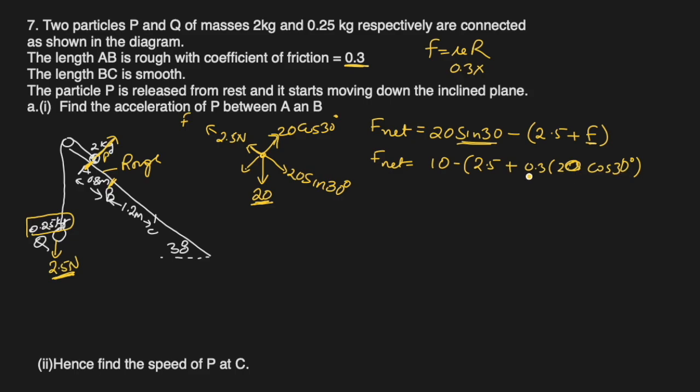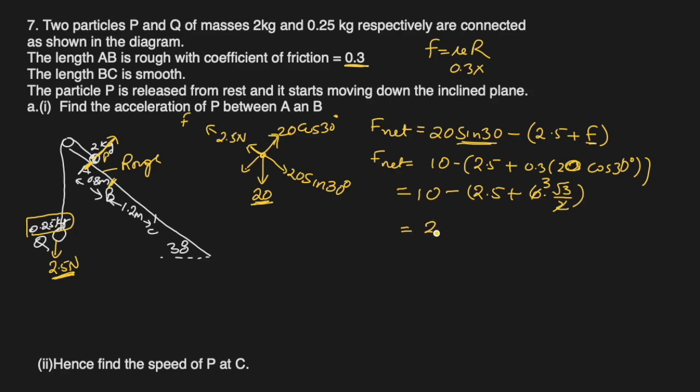Okay, so this bracket closed, one more bracket. Now F net, everything is there with us, so we can find it. I get 2.5 plus, so it will be 6 multiplied by cos 30, which is the square root 3 over 2. This cancels here. Okay, you can put this in a calculator.